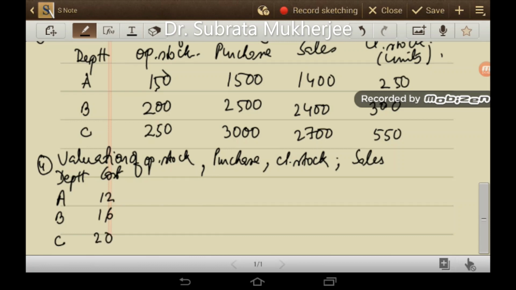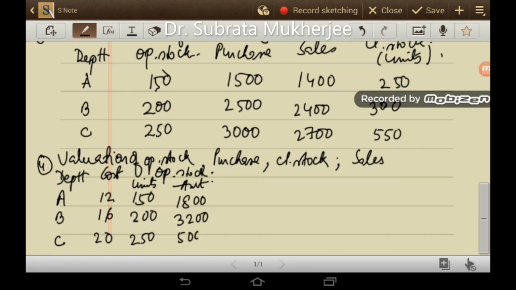For opening stock, we have units and amount. Your units are 150, 200, 250. So value is 1800, 3200 and 5000. Then is closing stock.